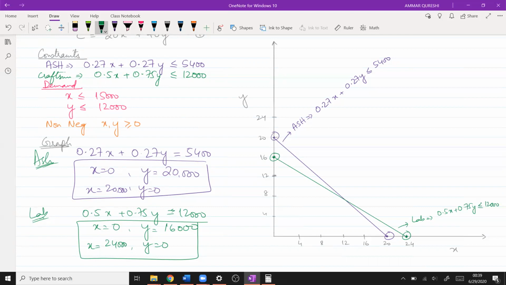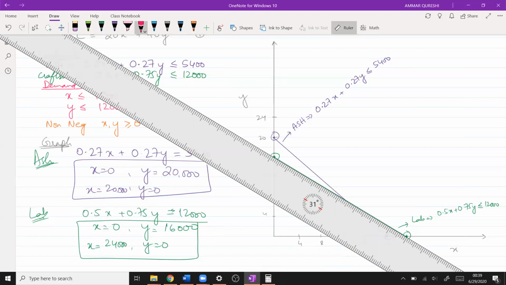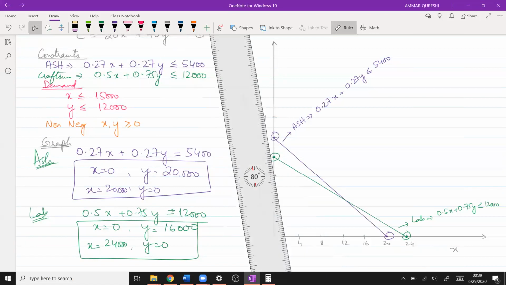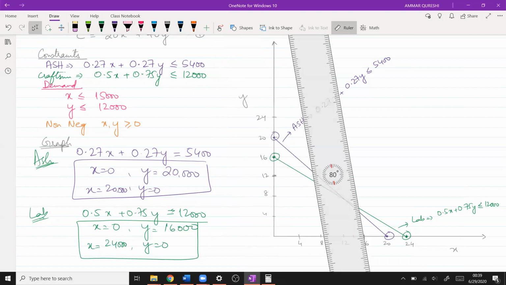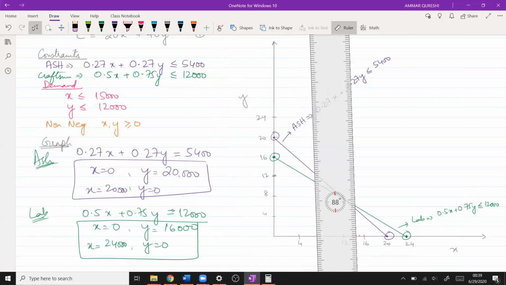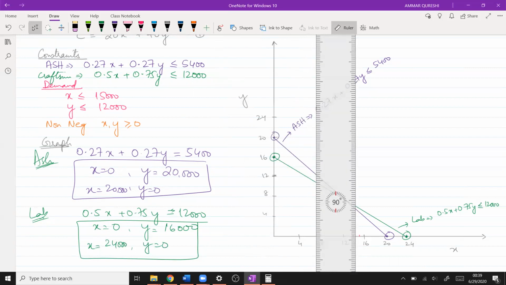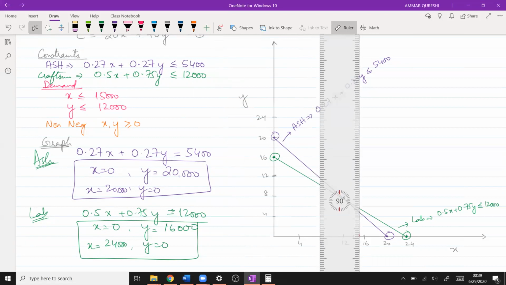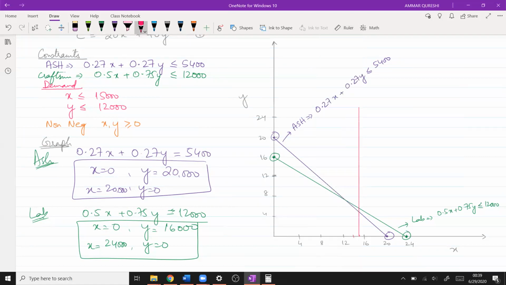Now there is the demand function. Demand says that x should be less than or equal to 15,000. So 15,000 will be somewhere here, and this is X should be less than or equal to 15,000.